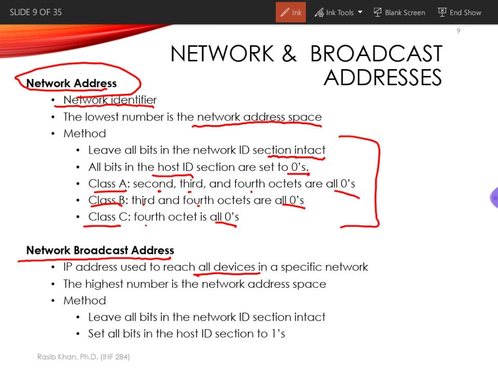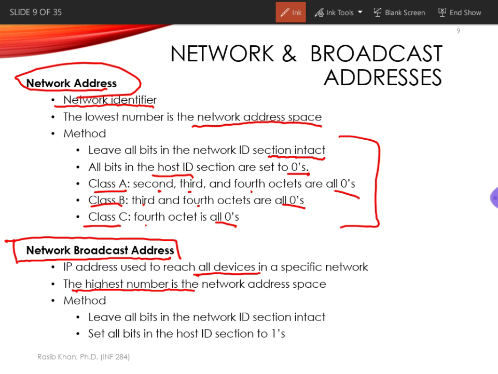And the particular address is basically the highest number in that network address space. So that means that we have to look at the range of IPs that is allowed in a given network, and the maximum number that we can reach in that space will be identified as the network broadcast address.